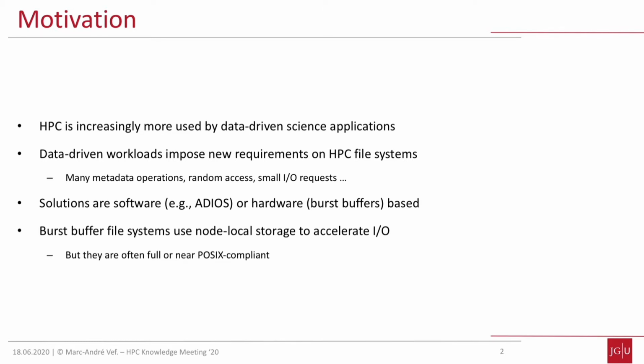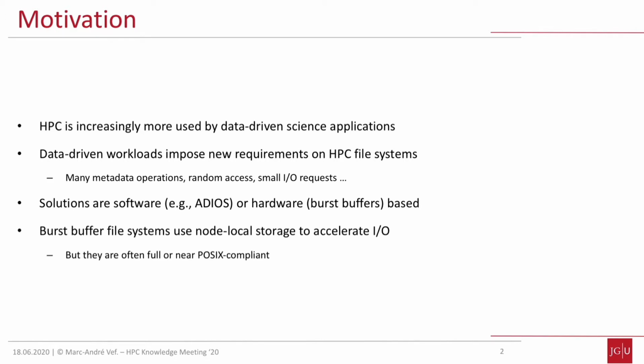Now, in today's HPC systems, there are more and more data-driven science applications as well. And these applications, for example, have new requirements for the HPC file system. So in the past, when applications would use a parallel file system like Lustre and GekkoFS, the accesses would be mostly sequential.